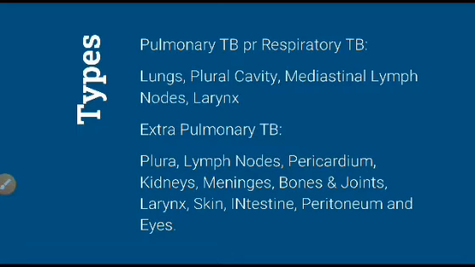Extrapulmonary sites include pleura, lymph nodes, pericardium, kidneys, meninges, bones and joints, larynx, skin, intestine, peritoneum and eyes. In pulmonary, you have lungs, pleural cavity, mediastinal lymph nodes, larynx, etc.